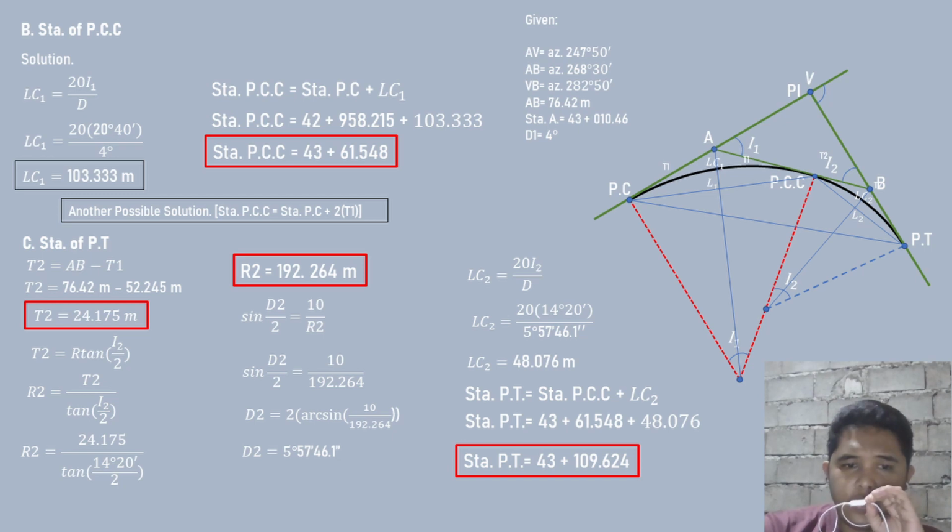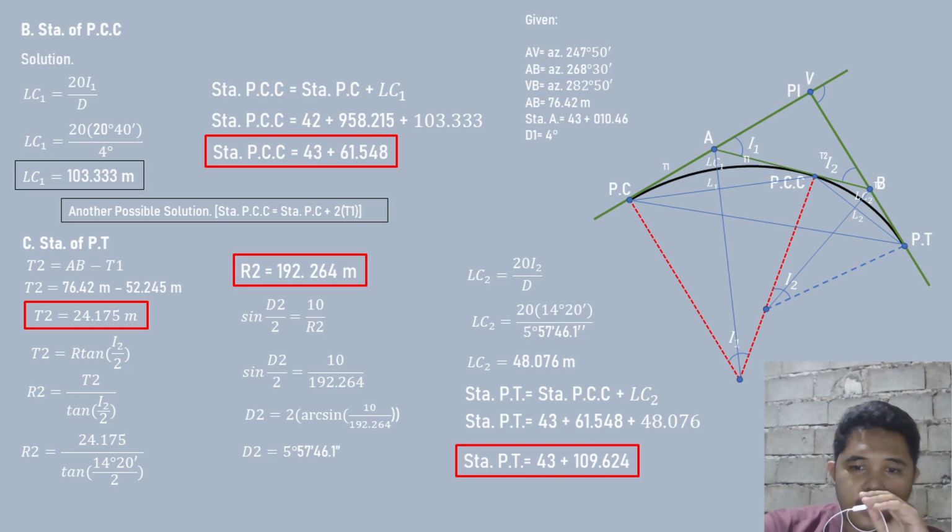Now, lastly, we are tasked to find the stationing of PT. This one is a little bit tricky, since there is a lot to find. But from PCC, we can solve for PT by adding the stationing of PCC plus 2T2, or plus L2, the length of curve 2.